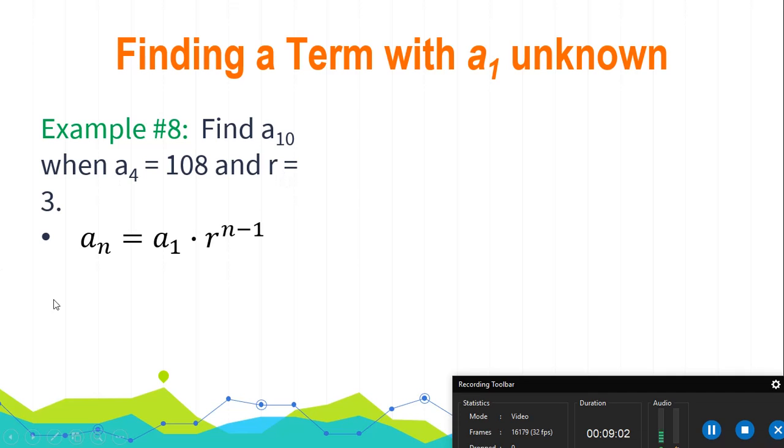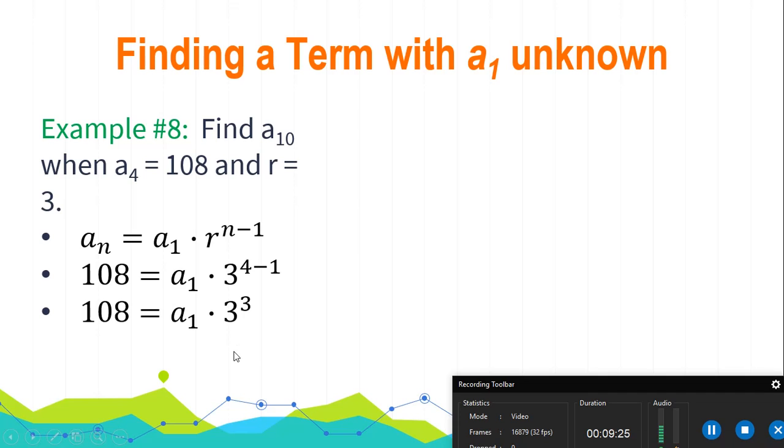Here's my formula. I'm going to leave a sub 1 as a variable. A sub n is going to represent the 4th term, but the value of it is known. It's 108. The common ratio is 3, and since I know 108 is the 4th term, I'm going to use 4 minus 1.